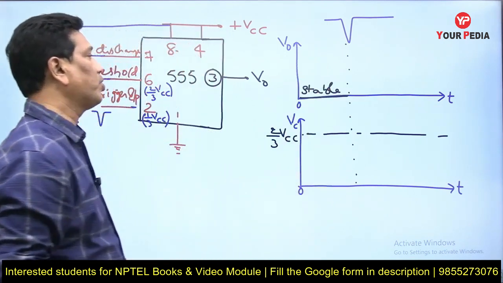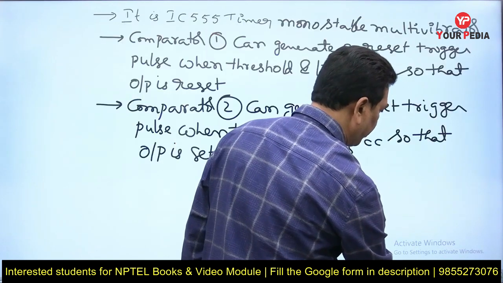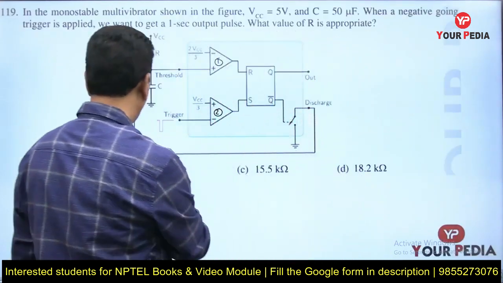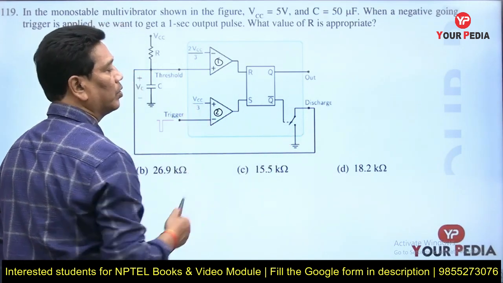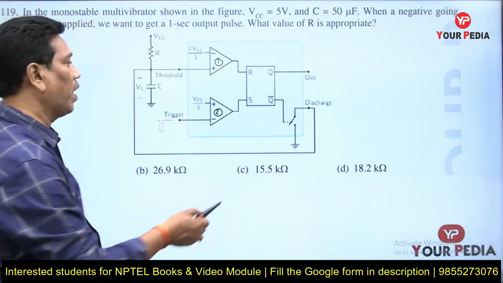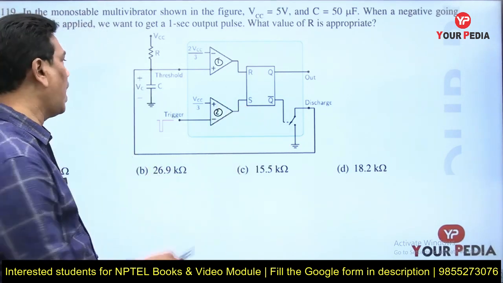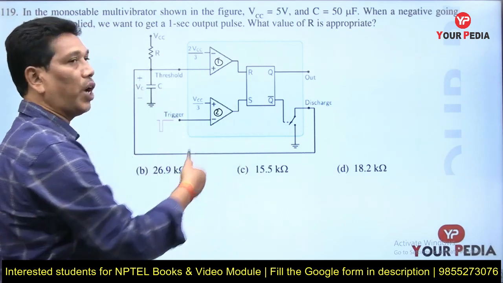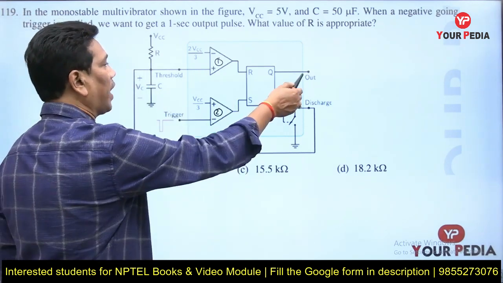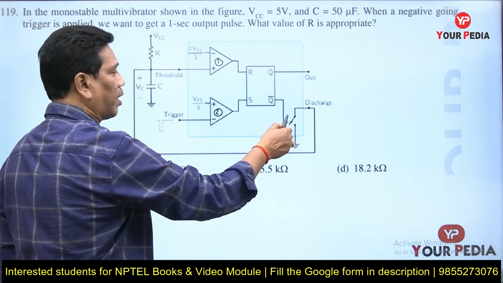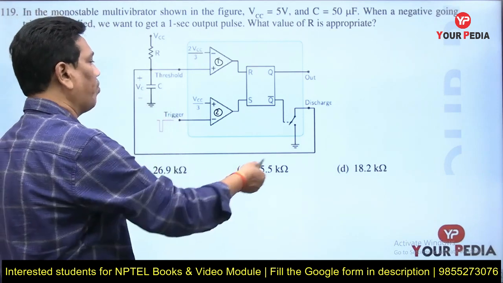As long as the output is low, you can confirm here, the discharge transistor is on. Whenever the output is low, the discharge transistor is on and allows the capacitor to discharge. So as long as the output is low, the discharge transistor is on, indicating that the capacitor goes for discharging.